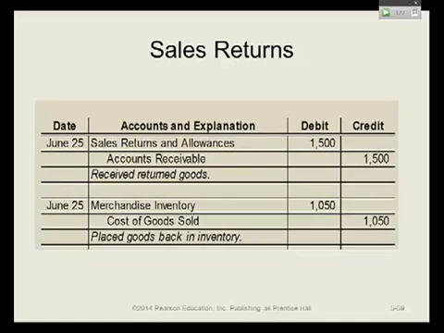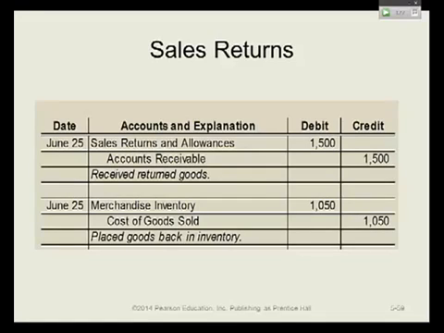If you now go to the ledger, it would look something like this. So sales didn't change, but you're now going to have this contra account, sales returns and allowances. And this is contra revenue. So this is on June 25th.